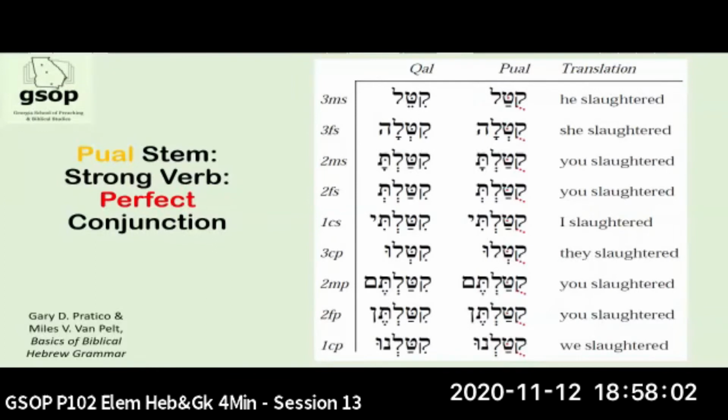So I need to double check this. It doesn't read passive. It reads active voice. It should be more like he was slaughtered, she was slaughtered, you were slaughtered, I was slaughtered, they were slaughtered, we were slaughtered. That would be passive, intensive action. So I'm not sure why that's not there. I'll double check that.